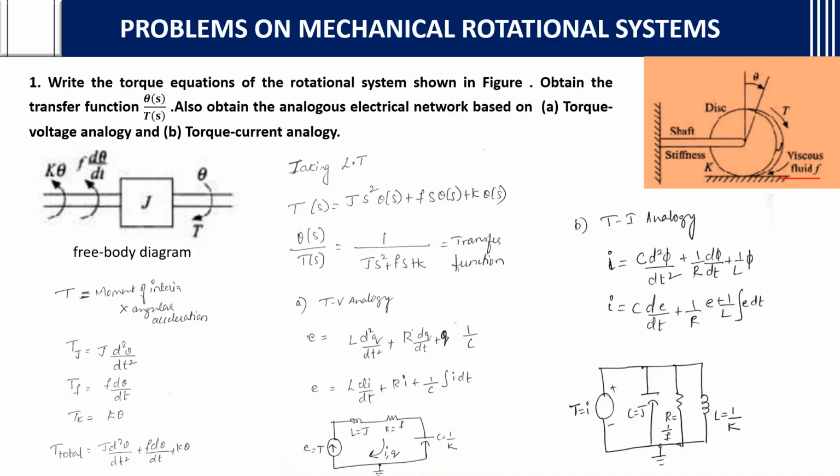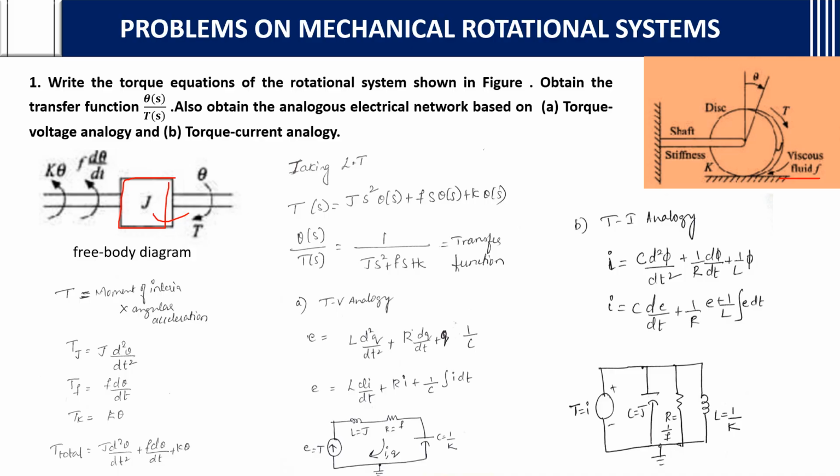After writing this free body diagram, we know that torque is nothing but moment of inertia into angular acceleration. So we will write separate equations same as the translational system, initially for the J element, and in the same way we are going to write the free body diagram.